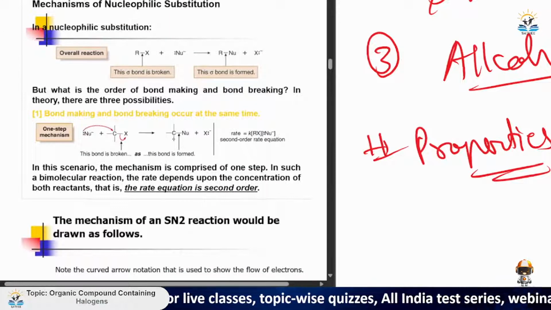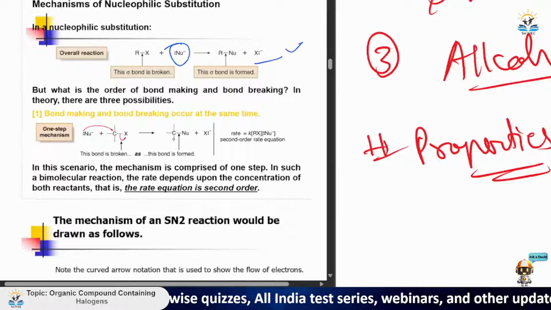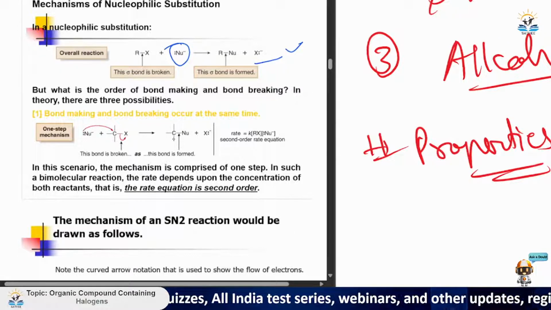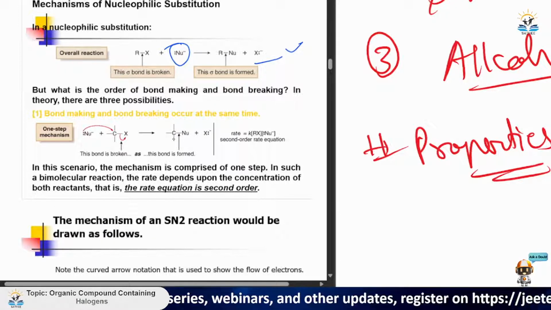Now, the mechanism of nucleophilic substitution. There is an R-X bond which is connected to this nucleophile, and this is the structure of nucleophilic substitution. But how does the substitution occur? What is the order of bond making and bond breaking? There are three possibilities. Bond making and bond breaking occur at the same time.